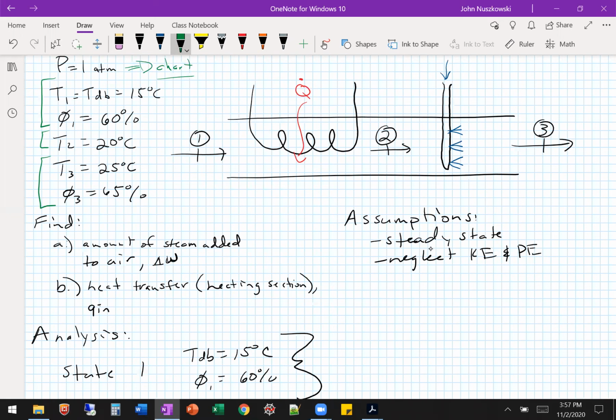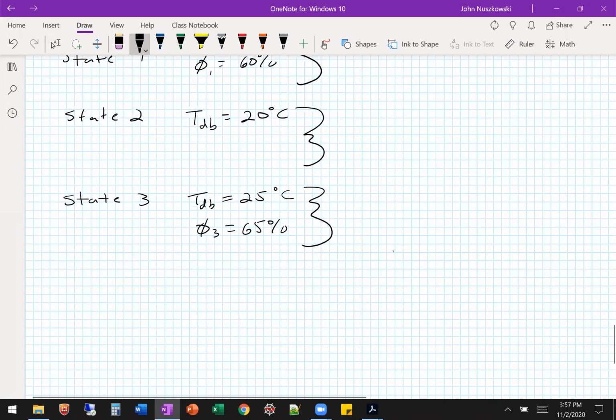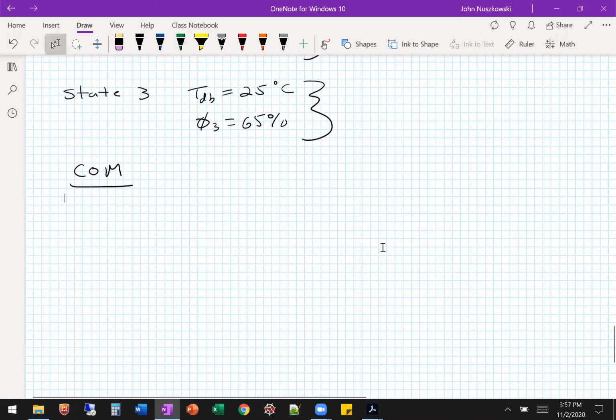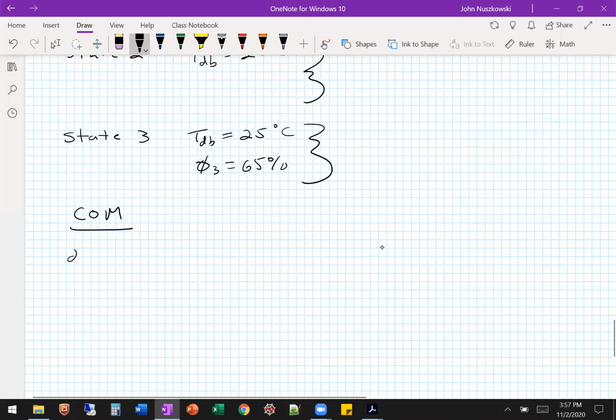Okay. All right, so conservation of mass, right? We have a section 1 to 2, 2 to 3, or we could even analyze it if we wanted to all the way from 1 to 3, but we'll leave it as 2 separate sections. So we said conservation of mass, and we'll see what comes out of that. Okay. So we have dry air.